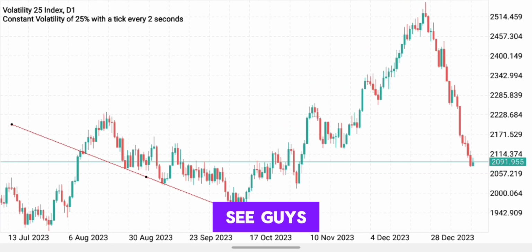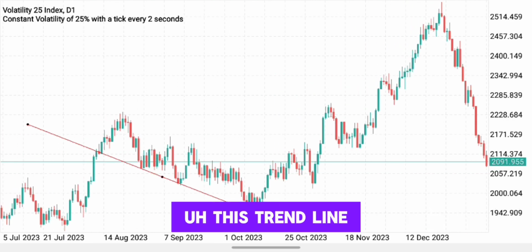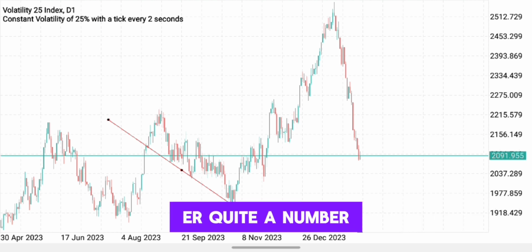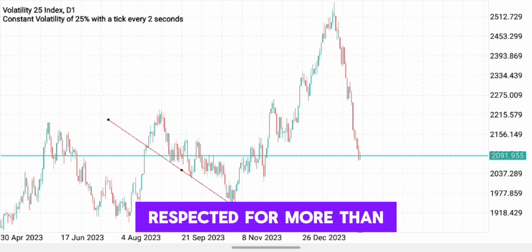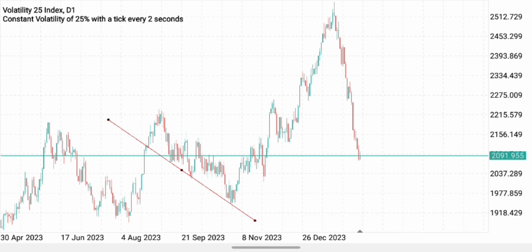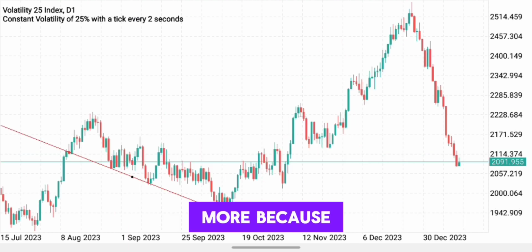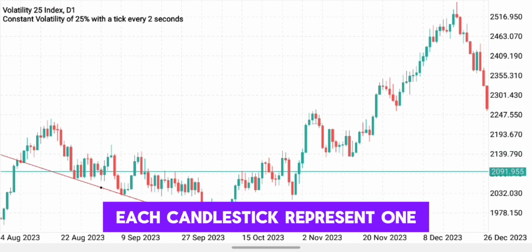So as you can see guys, this trend line has been respected quite a number of times. This means that it is legit and it has been respected for more than 2 weeks or even more, because each candlestick represents 1 day.